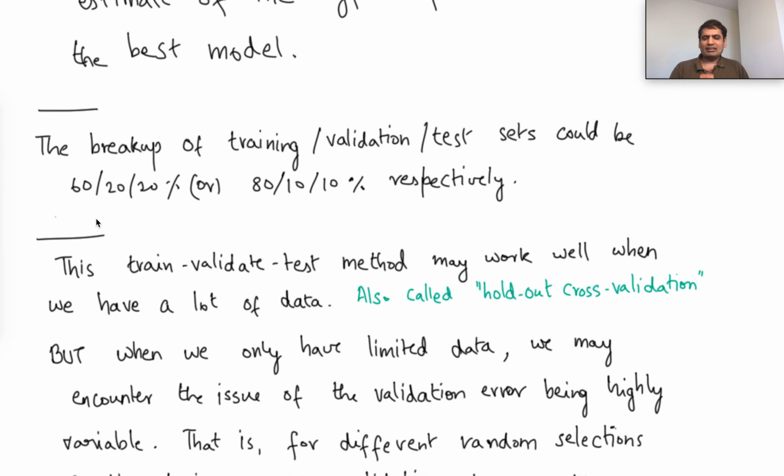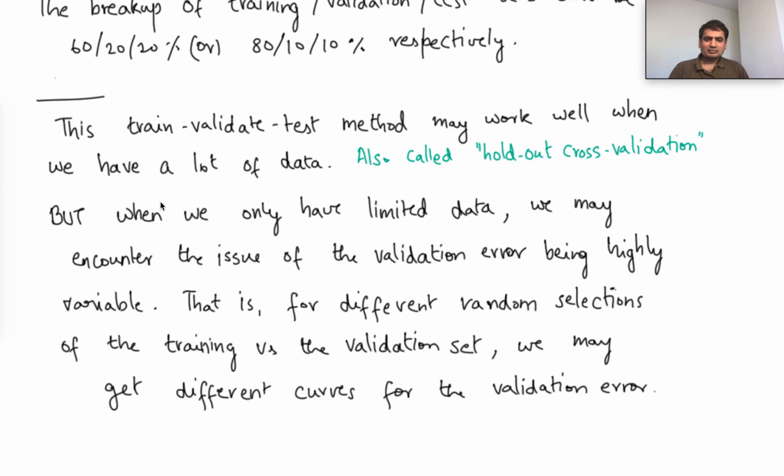So usually people might do 60% training, 20% validation, 20% testing, or 80% for training, 10% and 10% for validation and testing. It really depends on how much data you have. If you have a lot of data, this might be sufficient. If you don't have that much data, maybe you want to do this, or vice versa, depends on the details.